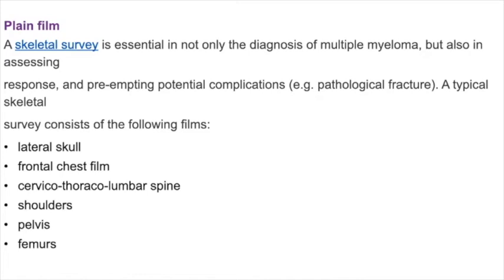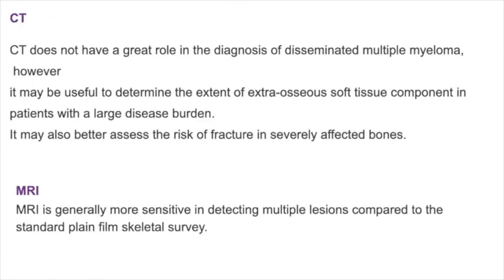The survey consists of the following: lateral skull, frontal chest, cervical, thoracic and lumbar spine, shoulder, pelvis, and femurs. So you can see it is around 14 to 16 X-rays at the same time. Remember, this is the first study you have to request in case of multiple myeloma.